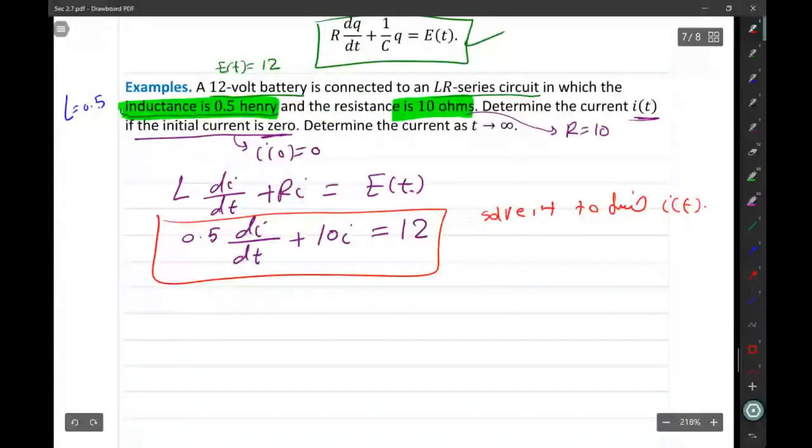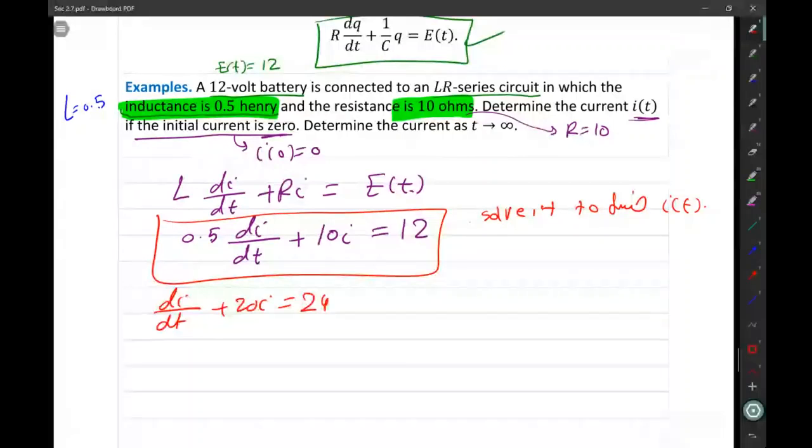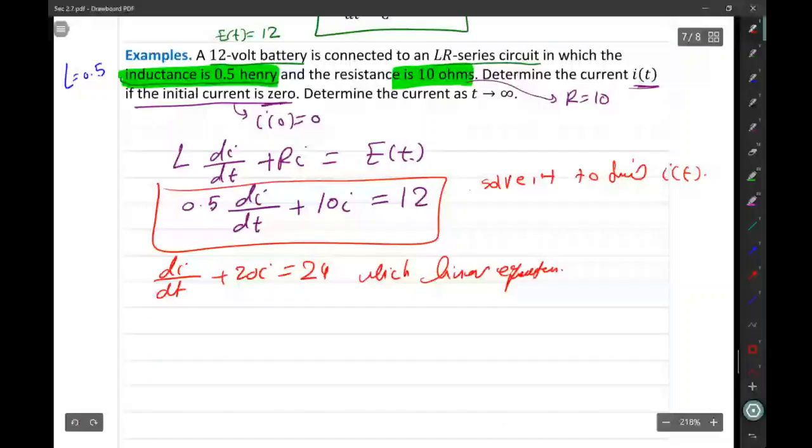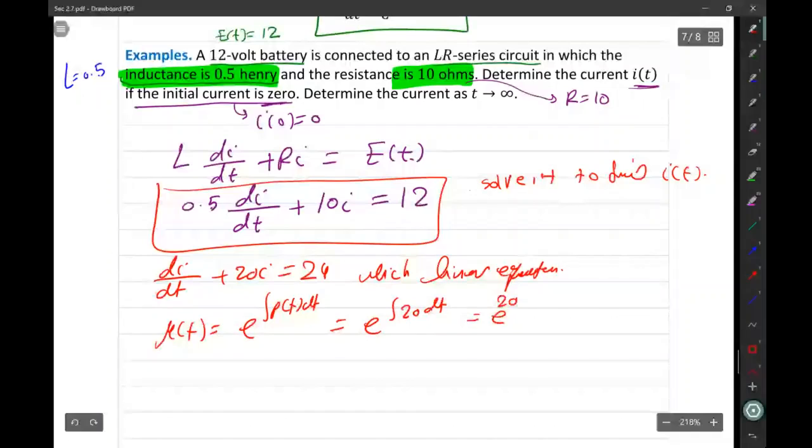So it becomes di by dt plus 20i is equal to 24, which is a linear equation. Now the integrating factor mu of t is e to the power integral of P of t dt, which is e to the power integral of 20 dt, which is e to the power 20t.